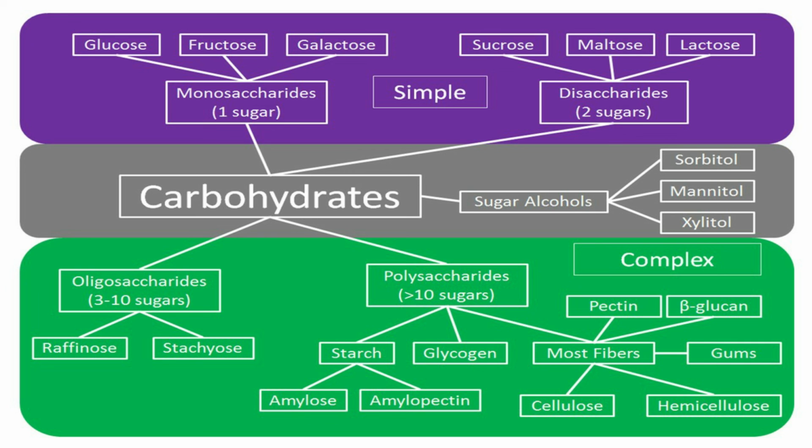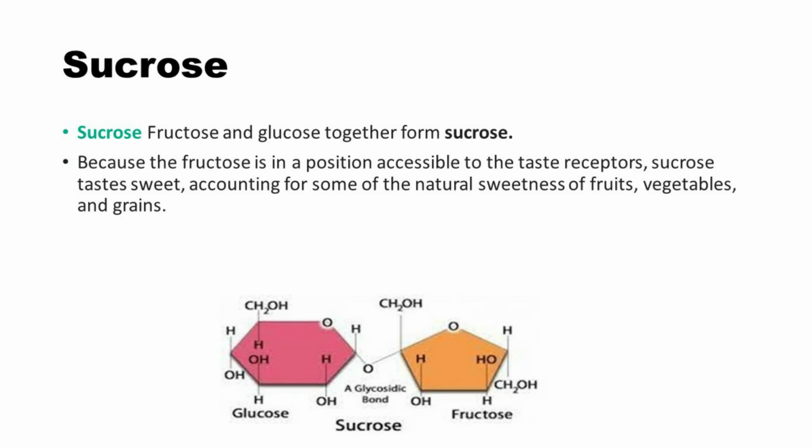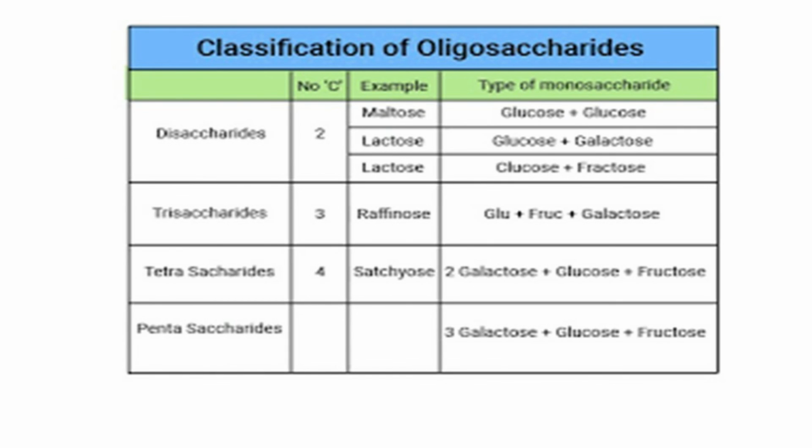A glycolipid is a carbohydrate, such as certain oligosaccharides and polysaccharides, attached to a lipid. A glycoprotein is a carbohydrate attached to a protein. Oligosaccharides may be classified based on the number of monosaccharides they contain.